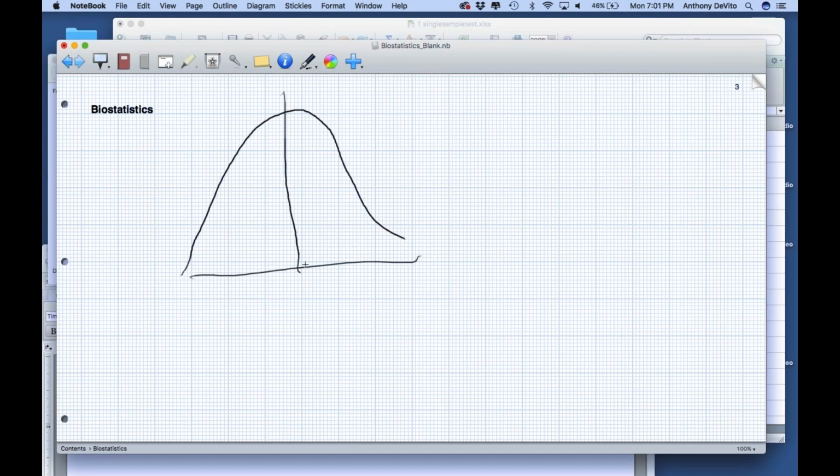Here's mu, and here is our value, and it's 2.88. Our z-score is 2.88. It's 2.88 standard deviations away from that other mean.